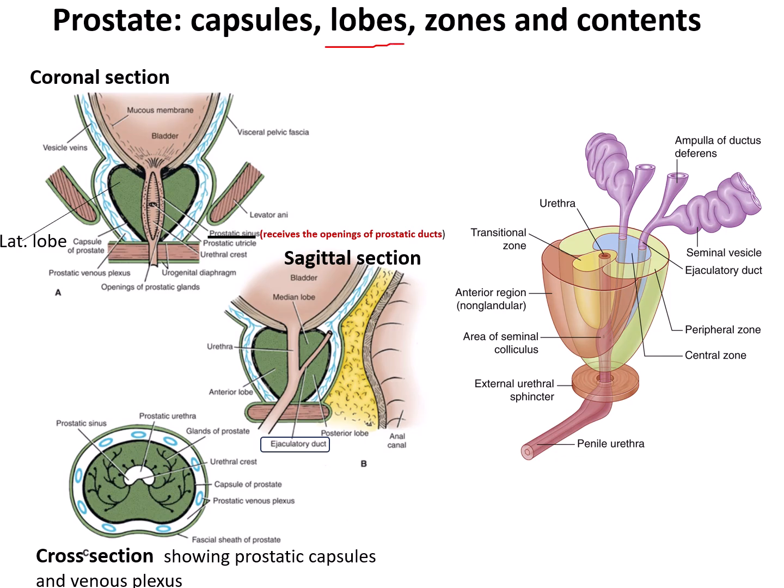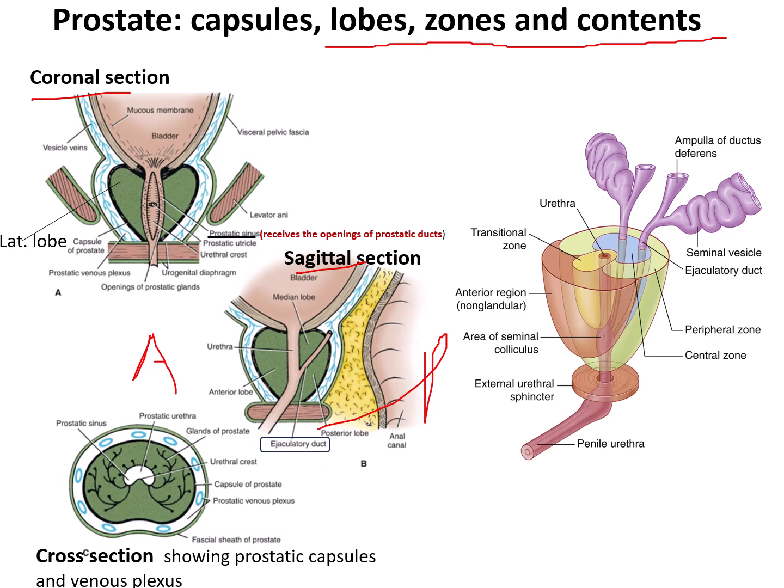Here are the lobes, zones, and contents of the prostate. The lobes can be seen in coronal section and in sagittal section. In sagittal section, here is the anterior side and here is the posterior. Here should be the location of the rectum, and here is the bladder above.